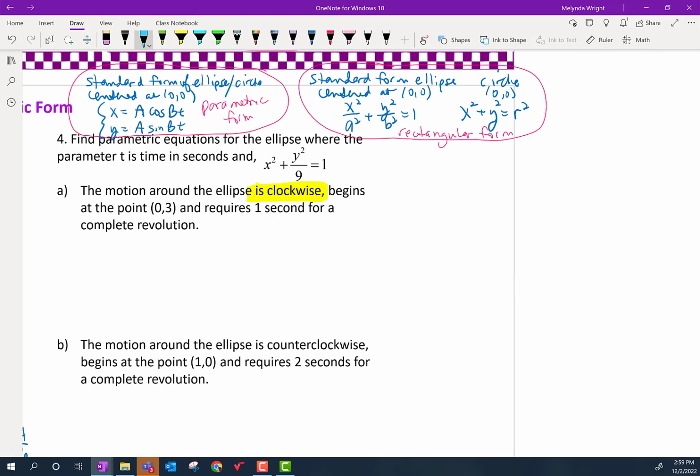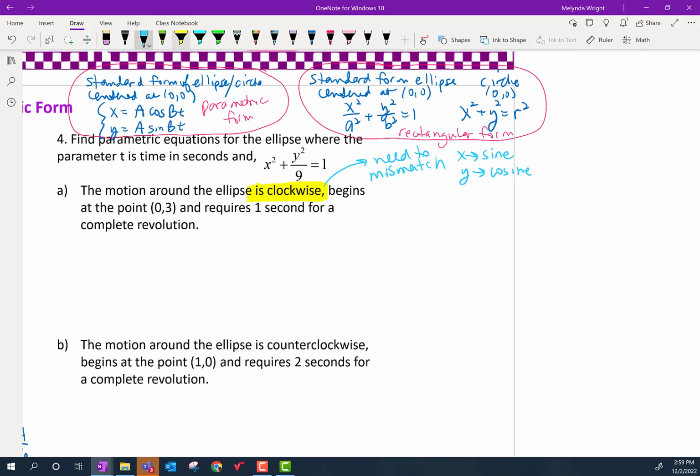Exactly. If x is with sine and y is with cosine, if they're mismatched, this means that we need to mismatch them: we need to put x with sine and we need to put y with cosine. We need to mismatch them so that they'll rotate clockwise.